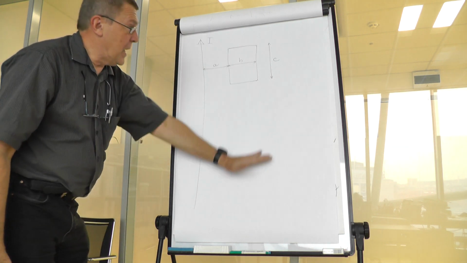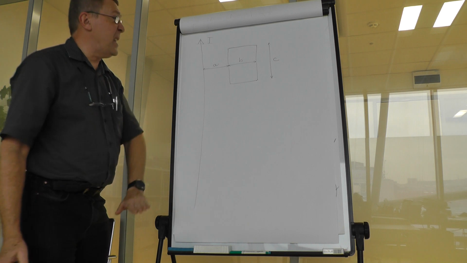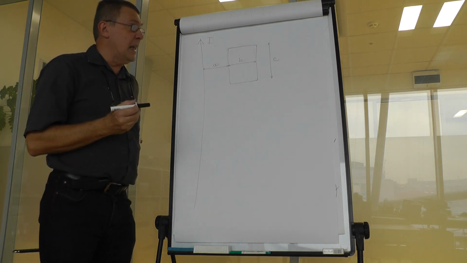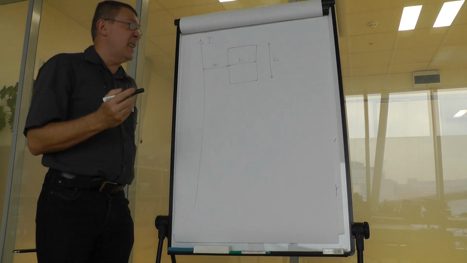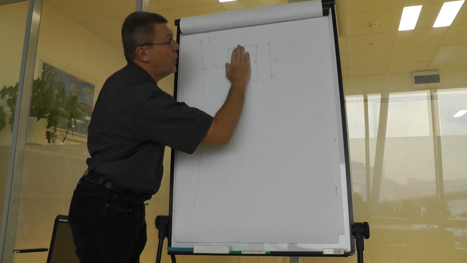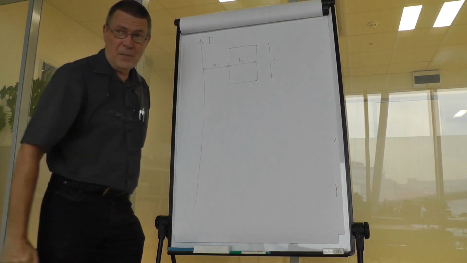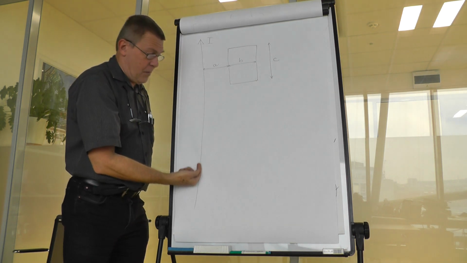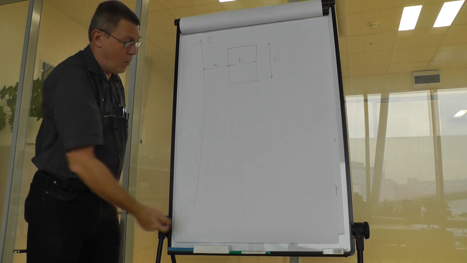So we know the permeability, we know the arrangement, and now let's find out how to establish the mutual inductance. So we would have to find out the flux flowing through this rectangle if there is current I in this wire.